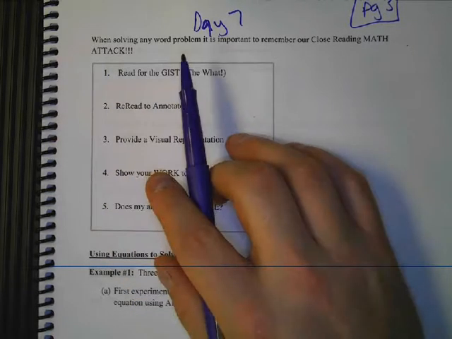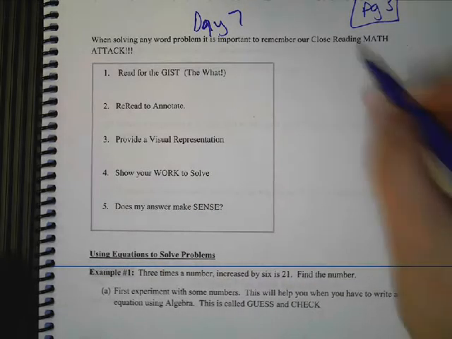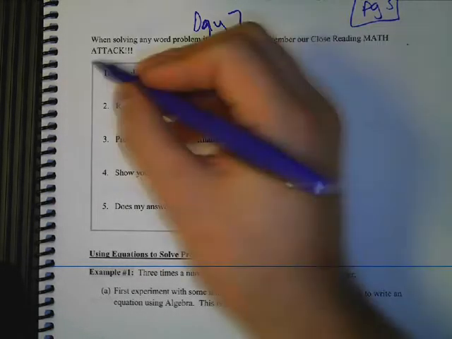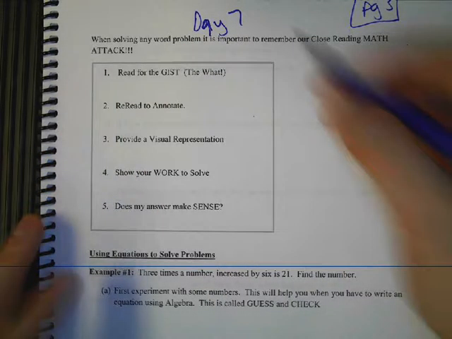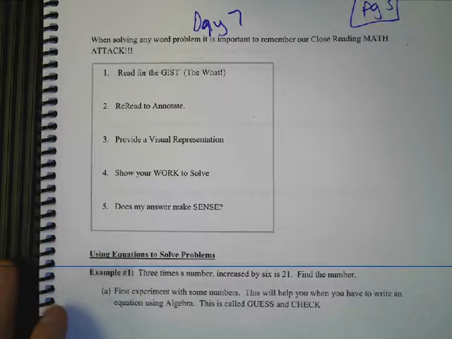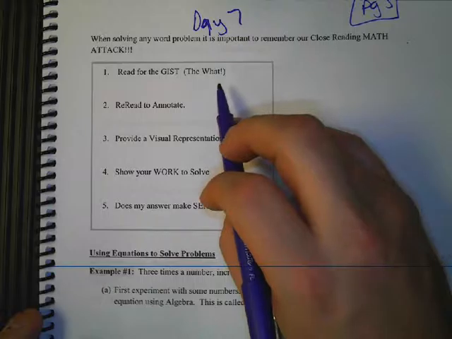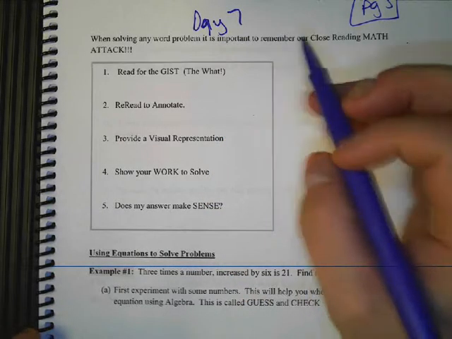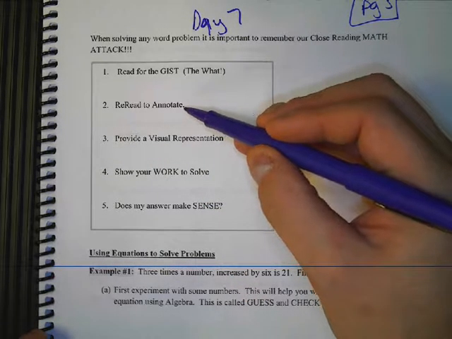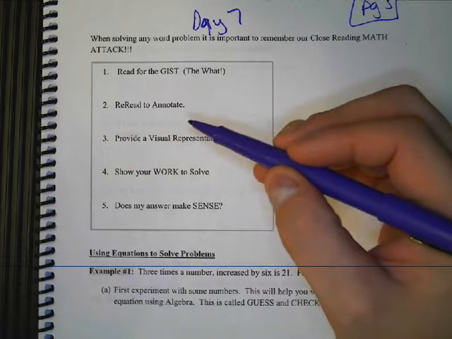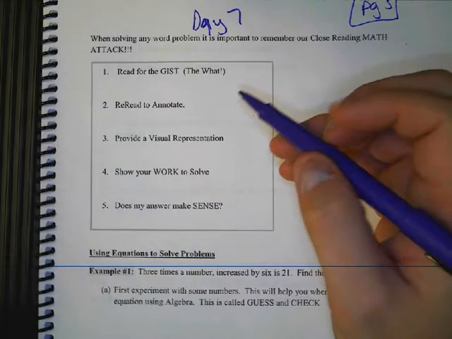When solving a word problem, this is the key. It is very important to remember the math attack. Okay? Just as a review, I have all 5 steps of the math attack. You read, you get the gist. What are you trying to find? You reread again so that you can get all the important information. Sometimes problems are done incorrectly because of lack of reading or rereading.